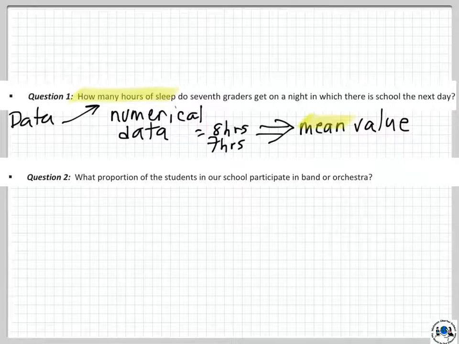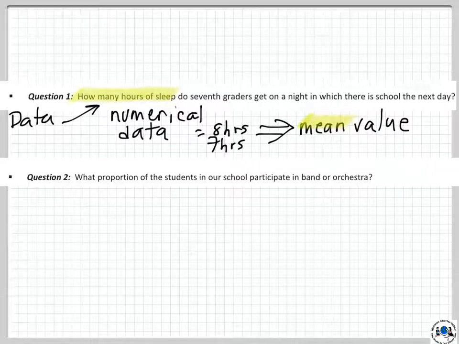Okay, so the next question, question 2 here, is what proportion, hint, hint, of the students in our school participate in band or orchestra? Well, this sounds very familiar, doesn't it? Right away you can see there's a proportion here, so we know it's going to be a proportional question.